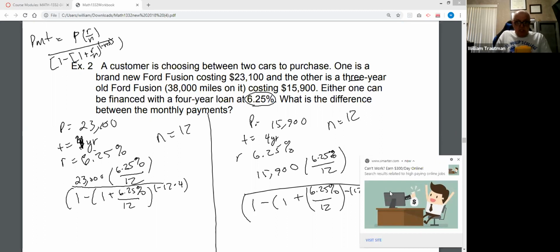It really is a hard event trying to get this perfect. It takes a lot of practice. I already messed up there. Let me close that. 6.25% over 12.